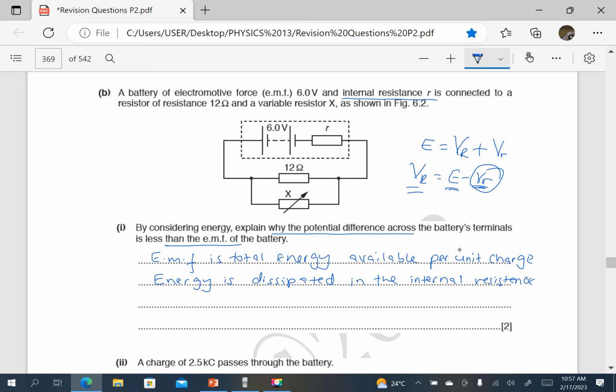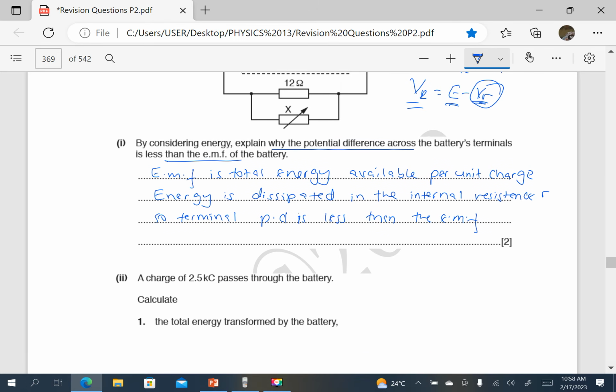Because some energy is dissipated in the internal resistance R, it means the PD across the battery, or terminal PD, is not going to be equal to the EMF. So terminal PD is less than the EMF. Because some energy is wasted in the internal resistances, the terminal PD will be less than the EMF itself.